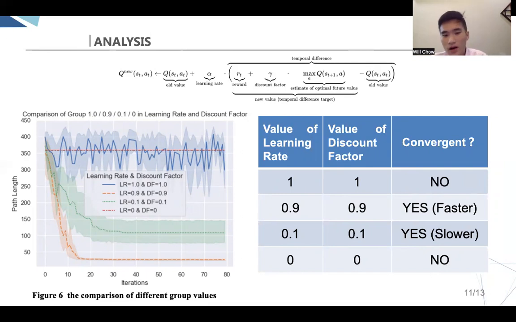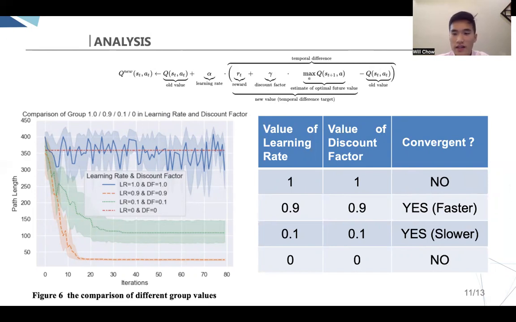From this slide, I compare 4 groups of data when the discount factor and the learning rate are both set as 0, 0.1, 0.9, and 1. So we can infer the reason why 0.9 is better. From the formula shown at the top of the slide, when the learning rate equals 0, the new Q value will be counteracted, which means the agent will take actions based on its speculation without any experience from previous iterations.